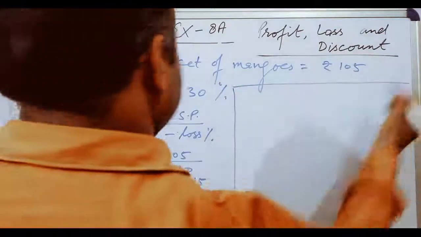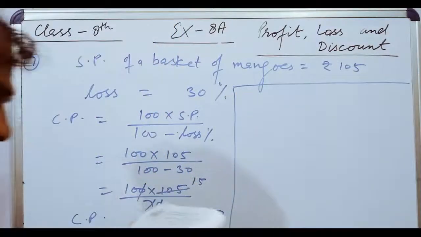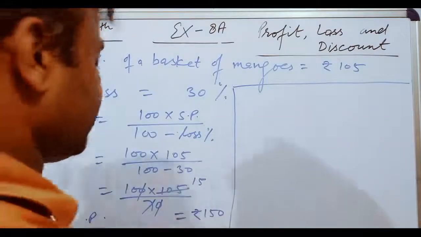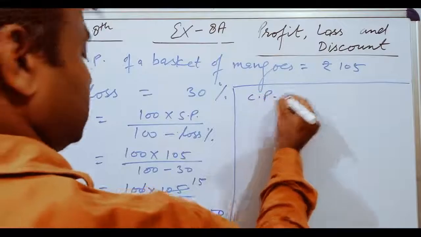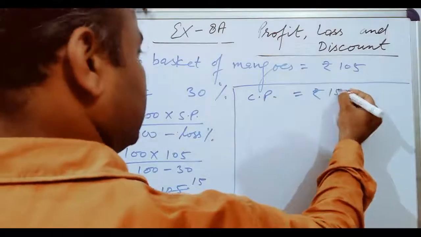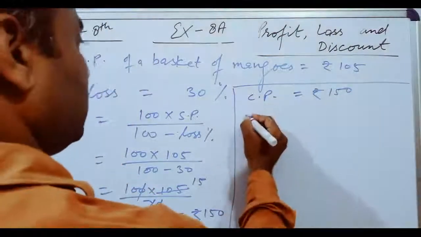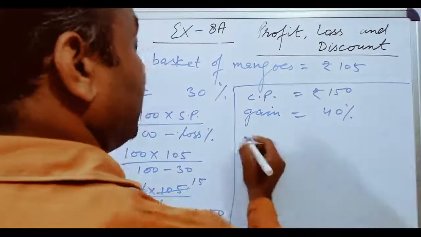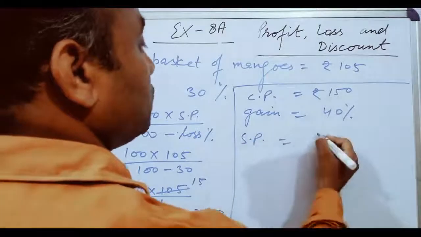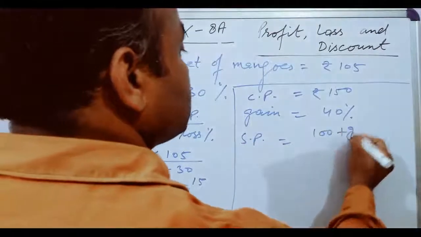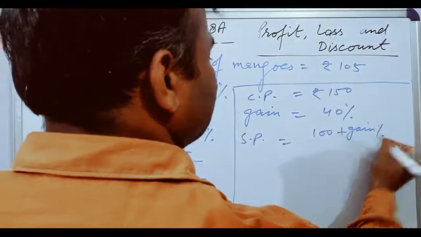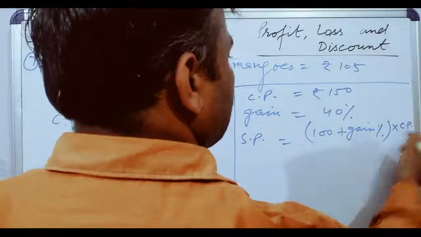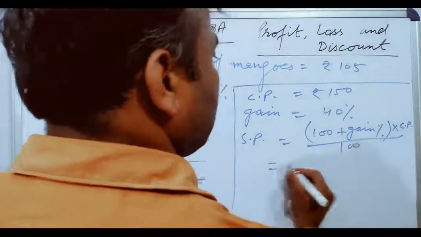Now the second condition. For how much should he sell it to gain 40%? CP is rupees 150, gain equals 40%. Then we have to find SP. SP equals (100 plus gain percent or profit percent, same thing) into CP upon 100.